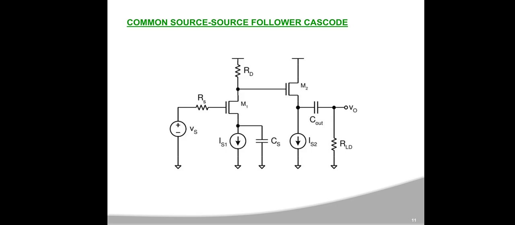Common source follower cascade. This has two transistors where the output of one transistor is connected to the gate, and the output of the second transistor is taken at the other end, the source of the second transistor.